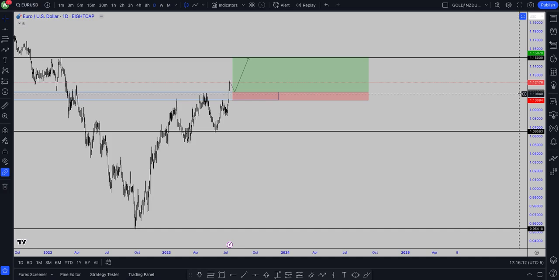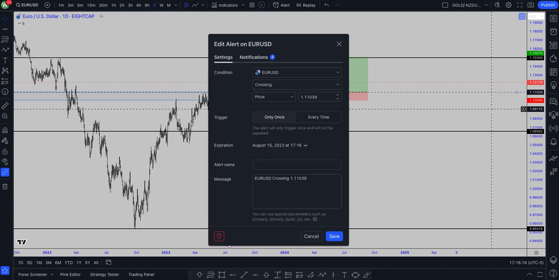So I can just set an alert here also, and we can wait for EURUSD pullback, or we can see retest of breakouts.